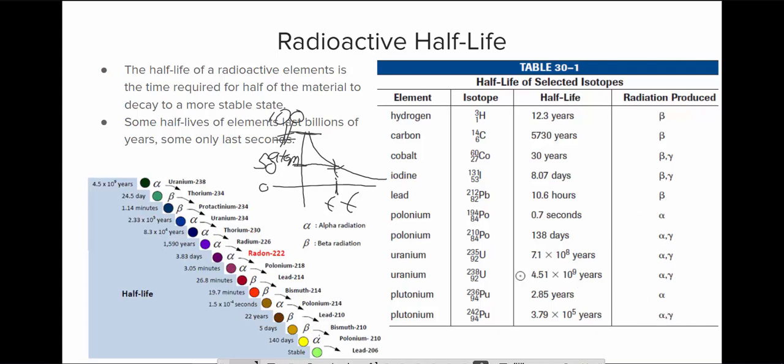What's interesting here is that some of these are very short. Look at polonium: 0.7 seconds. If you give something essentially 10 half-lives, we consider it not to be radioactive anymore. So after 10 seconds, we don't have to worry about this polonium anymore, do we? But look at something like uranium. Uranium-238, the most common form of uranium, has a half-life of 4.5 times 10 to the 9th years. 10 to the 9th is how much?